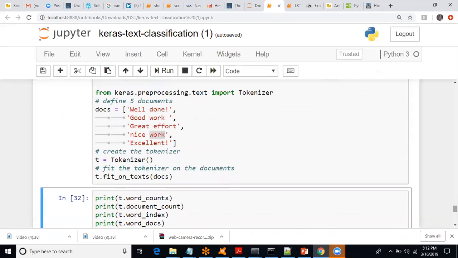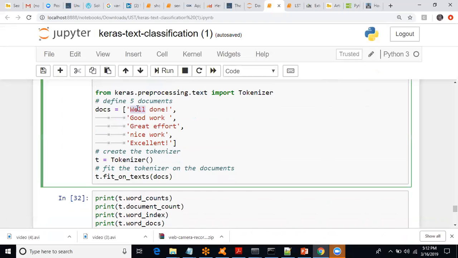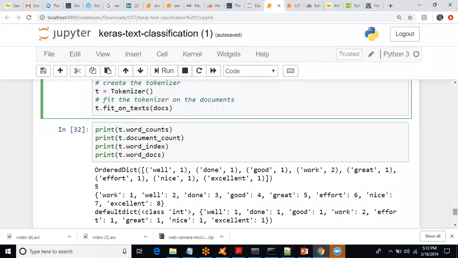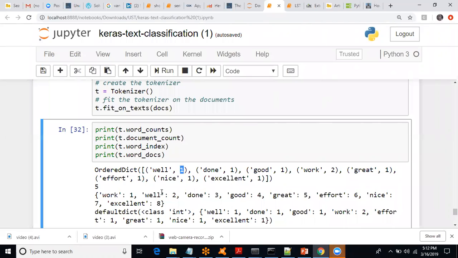Look at the whale. Whale is the first keyword, and whale is the index at 1. There's a count, right? So documents count, word index.